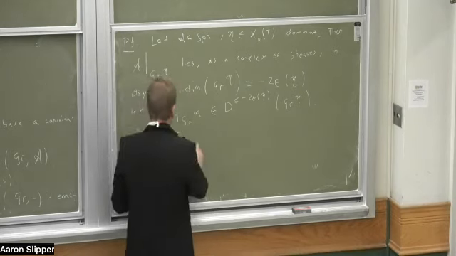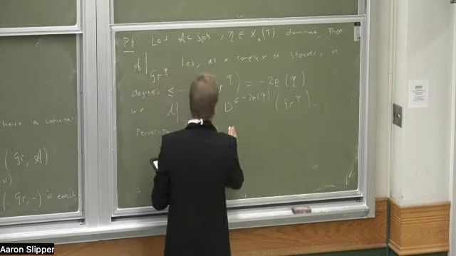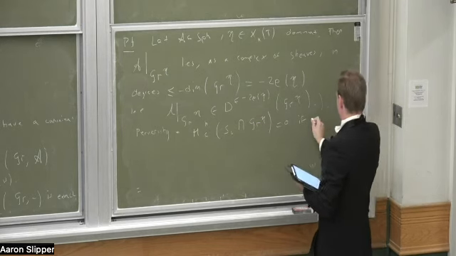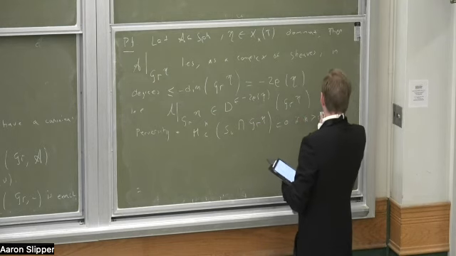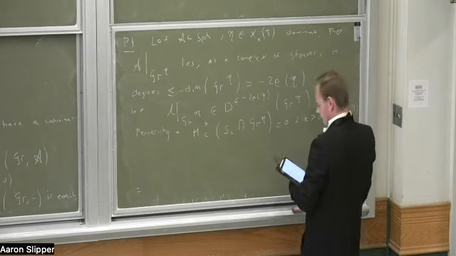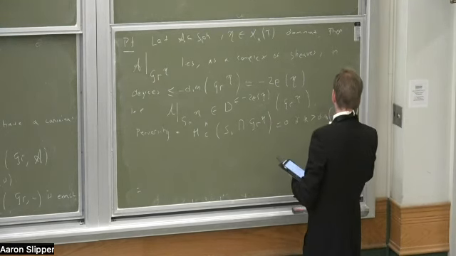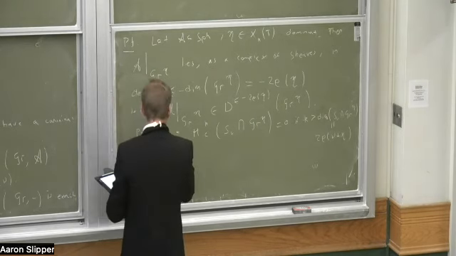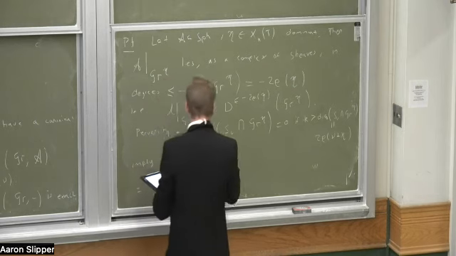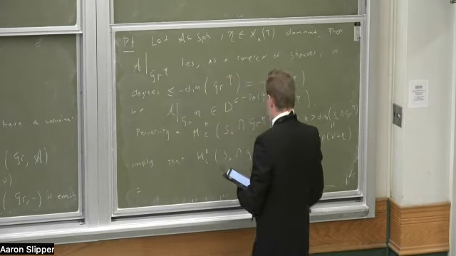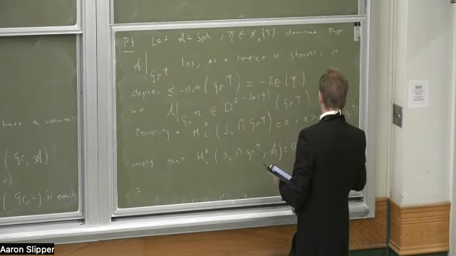Perversity plus the fact that the compactly supported cohomology of this intersection is 0 if a is greater than the dimension of our intersection, which is equal to that for mu plus eta, implies that H_c is equal to 0 if a is greater than 2 rho.